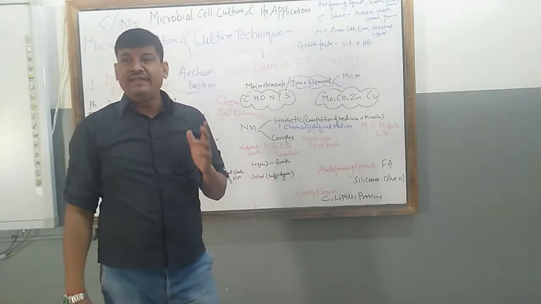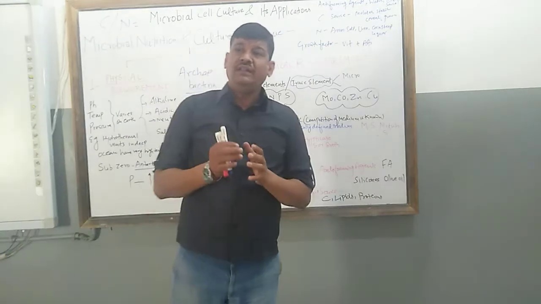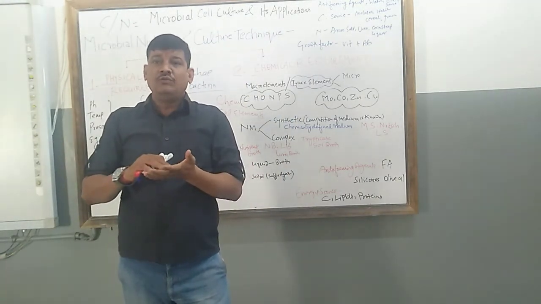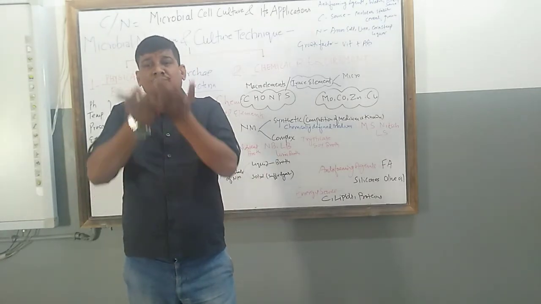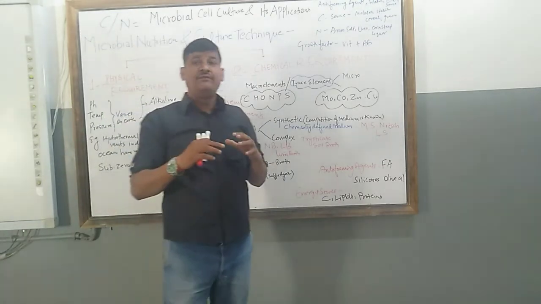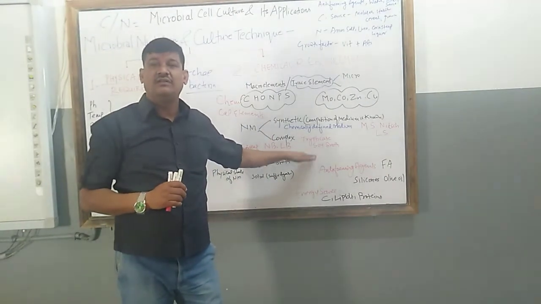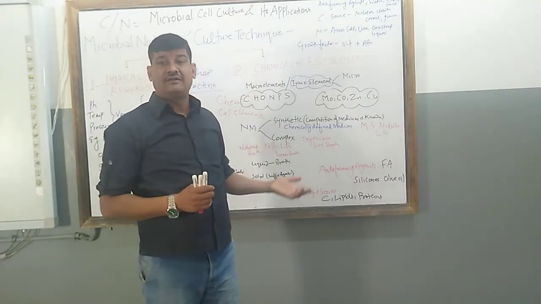Now, anti-foaming agents. What is an anti-foaming agent? When the culturing process takes place in the vessels, due to the metabolic reaction or the fermentation process, foams are formed. Foams are very injurious, or very toxic, or they prevent the desired products from being obtained.